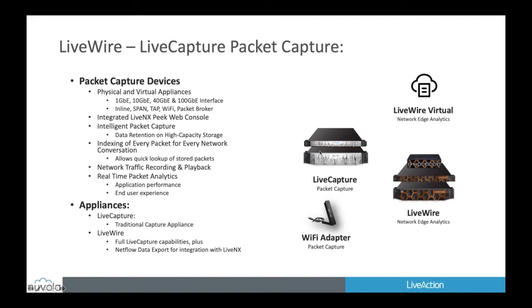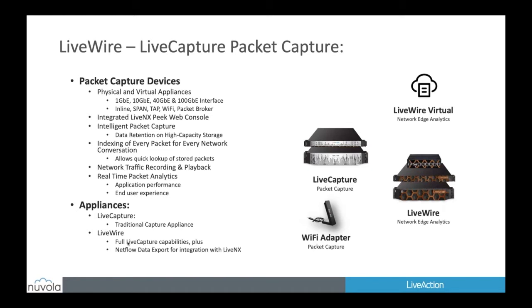Okay, so the two main families though are LiveCapture and LiveWire. As I mentioned, they have the same hardware capabilities, as they're based on the same platform, and both of these can capture and store packets. The difference though between LiveWire and LiveCapture is that LiveWire also has additional capabilities where we can export the flow data as NetFlow records back into LiveNX.